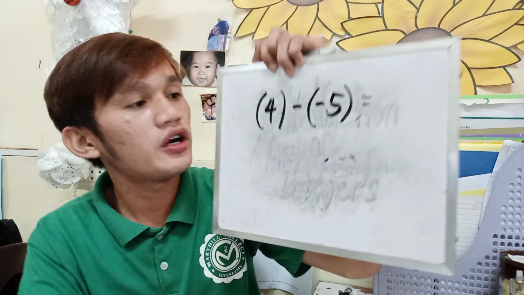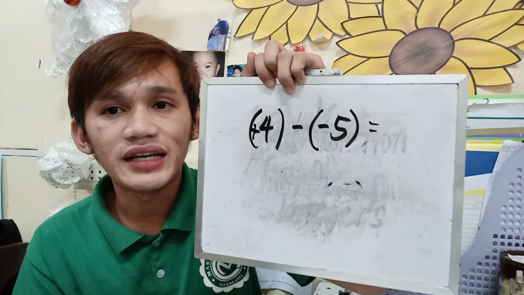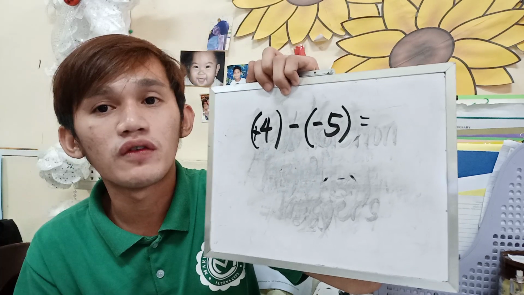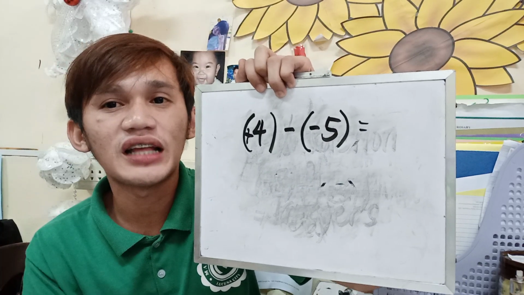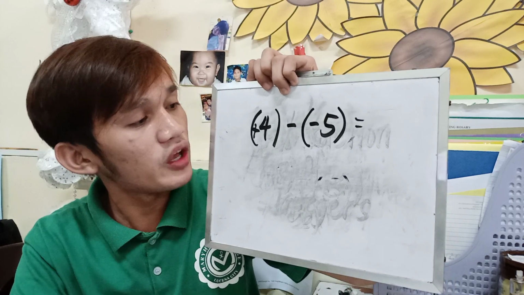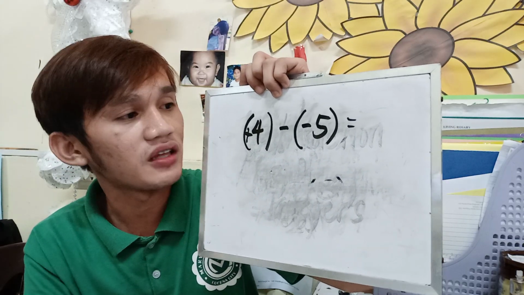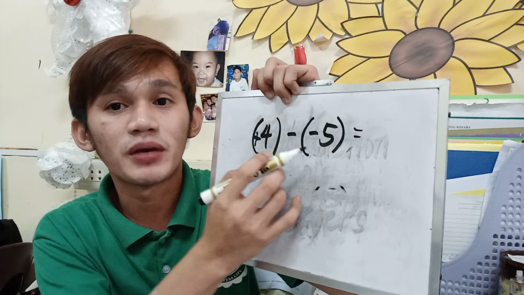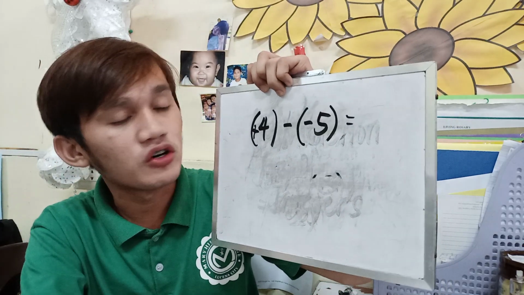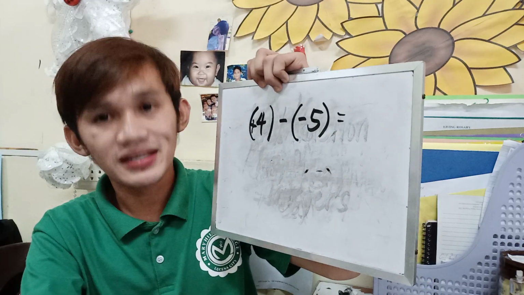I was not able to write the positive sign, but remember this: if there is no sign in the beginning of any integer, that means it is a positive number. So if there is no positive sign, it is automatically positive unless there is a negative sign. So positive 4 minus negative 5 will be positive 9.